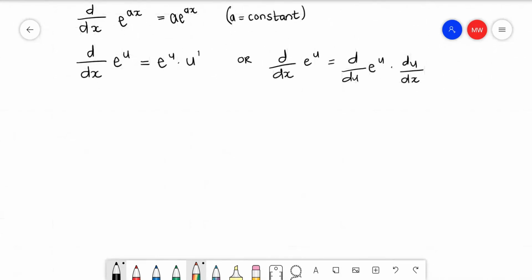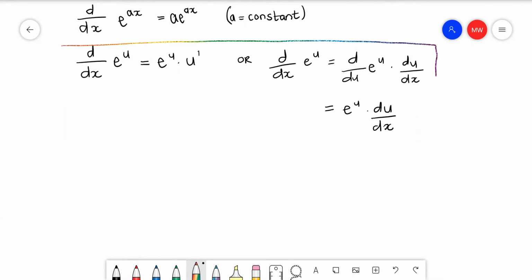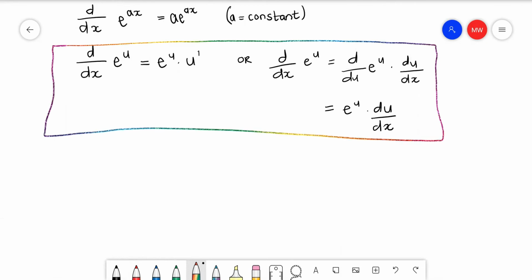And hopefully you now see that this will give you e to the power u times du/dx. These two are the chain rule, so hopefully you are seeing that you are deriving the one function as well as the other function and multiplying them together.